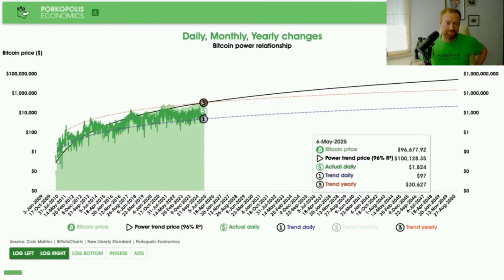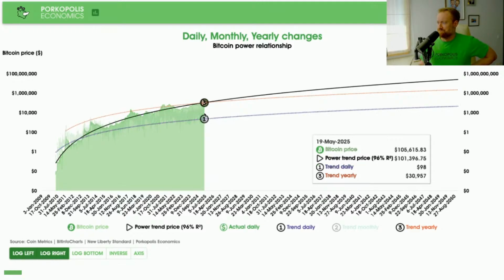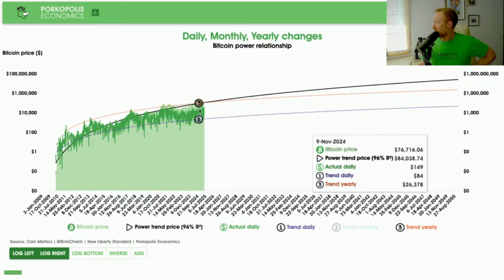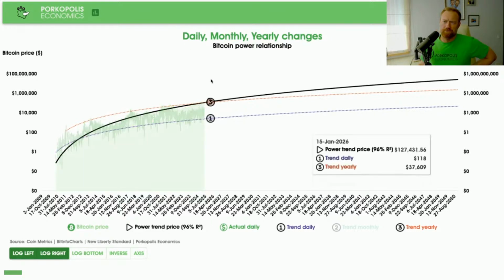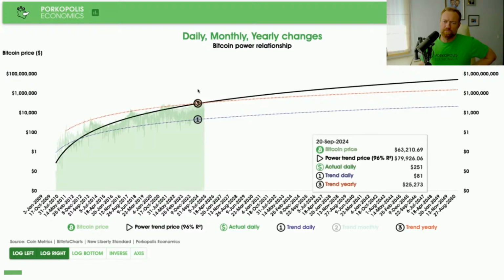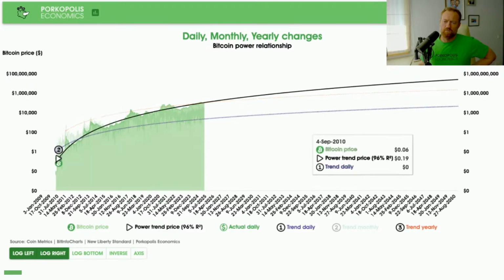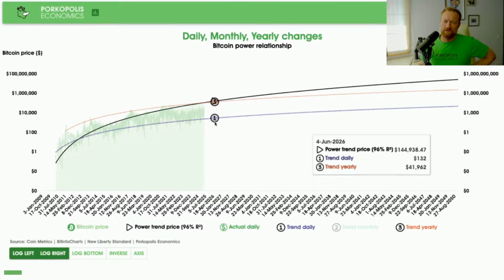It could happen worldwide for all the major currencies, but I don't see that. So a different way to look at the power curve, basically.